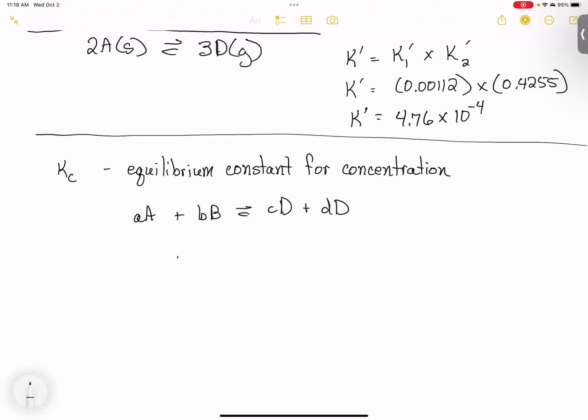When we developed the Kc for this, it was the concentration of C raised to the c times the concentration of D raised to the d all over the concentration of A raised to the a times the concentration of B raised to the b, where we used brackets to represent concentration.